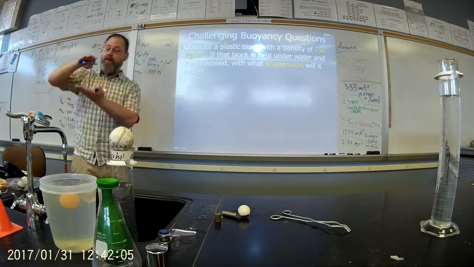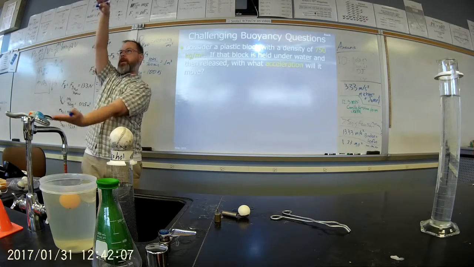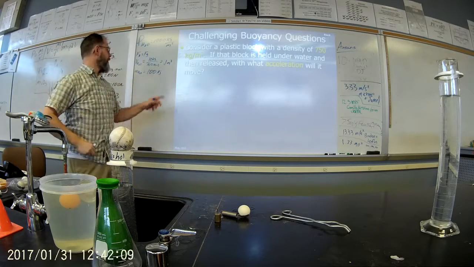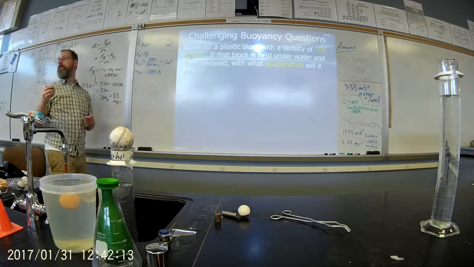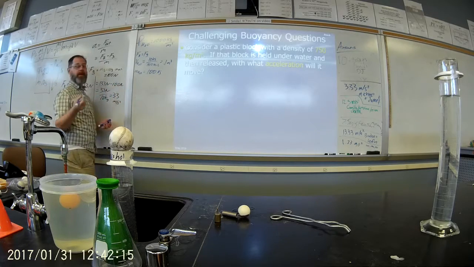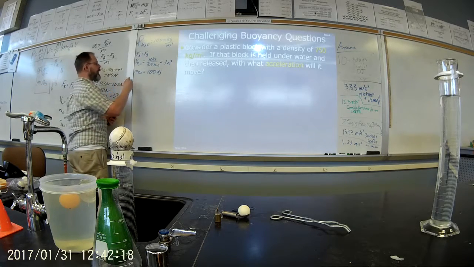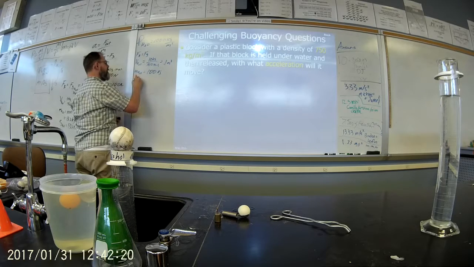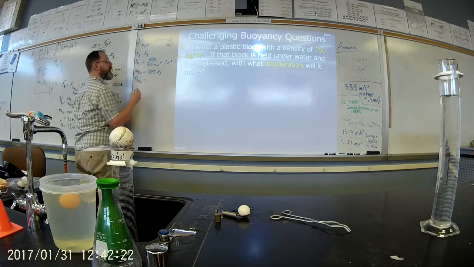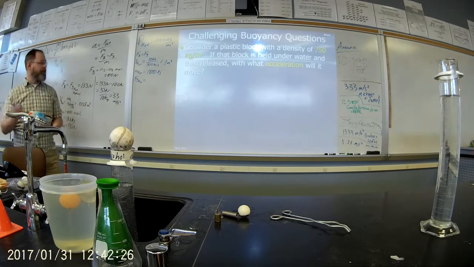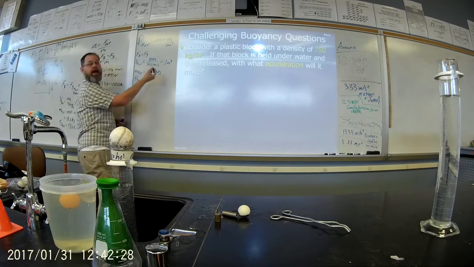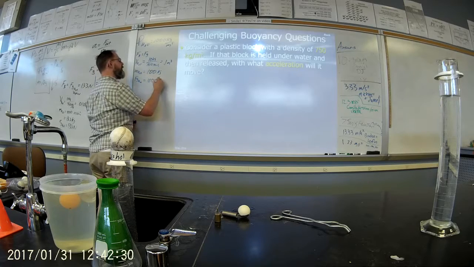So if you have a tenth of a cubic meter, it weighs 100 kilograms. Water is extremely dense. Anyway, so the Fg of H2O is what? 1,000. So Fg is still mass times 10, or 1,000 newtons.